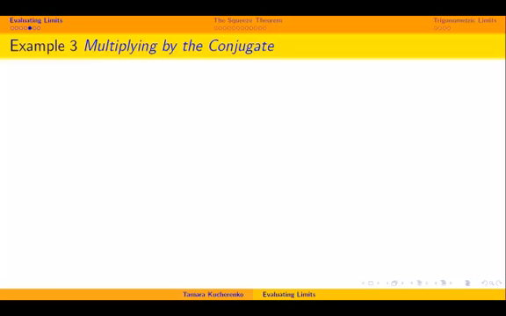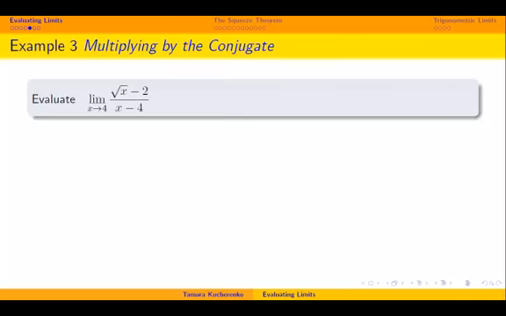The next example illustrates the algebraic technique of multiplying by the conjugate, which we use to treat some functions involving square roots. Let's evaluate the limit as x approaches 4 of square root of x minus 2 divided by x minus 4.